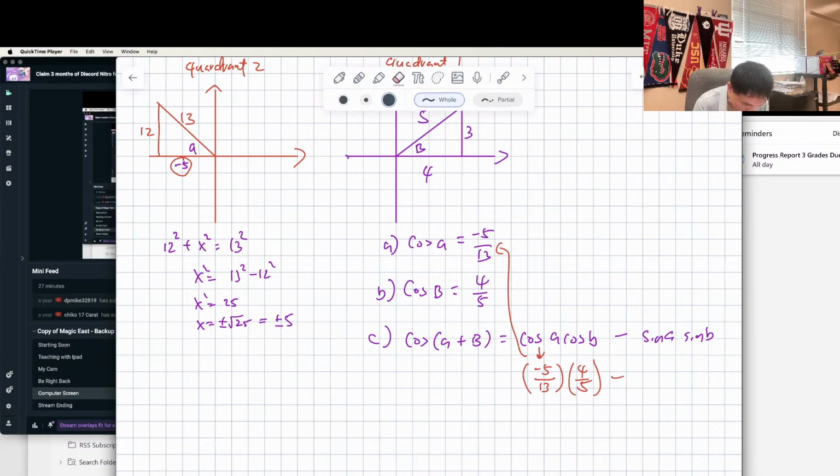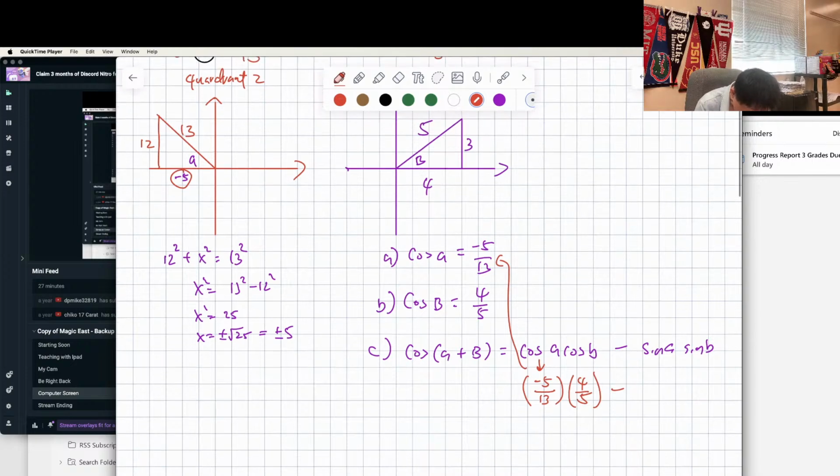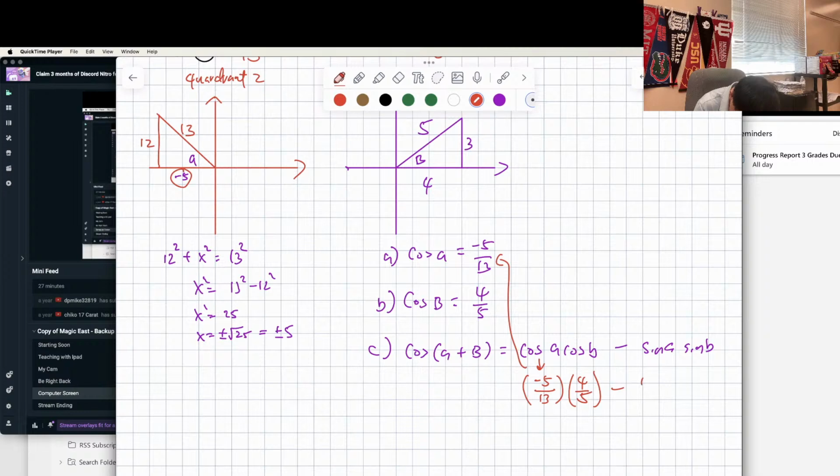What is sine of A? 12/13, good. And what is sine of B? And the hardest part is adding and subtracting: 65, -20, minus 65 of 60.